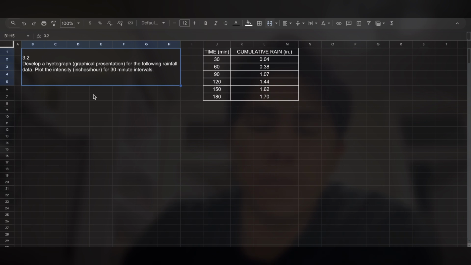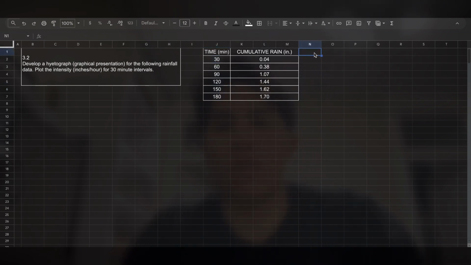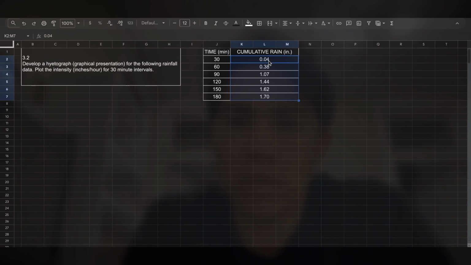So we have the time intervals, and we need to solve for the y-axis, which is the intensity. I'm gonna show you how to do that based on cumulative rain. What cumulative rain means is that in the first 30 minutes we got 0.04 inches of rain, and in 60 minutes we've got 0.38. It's pretty much adding up, accumulating all the rainfall throughout time.